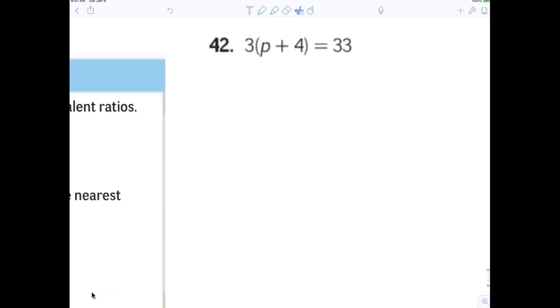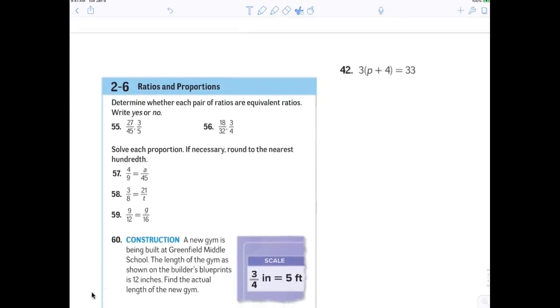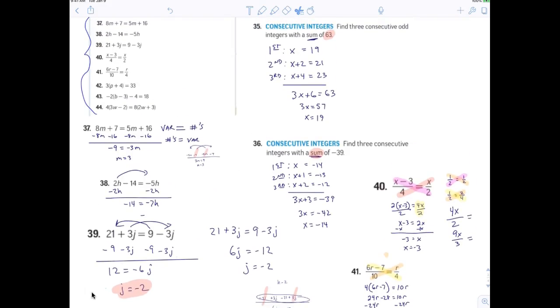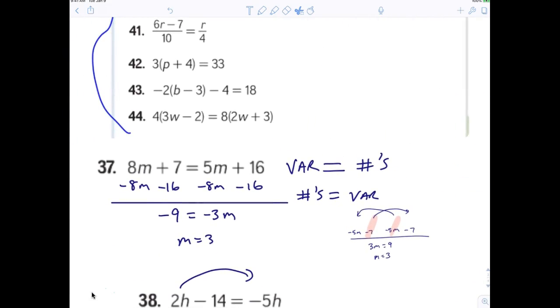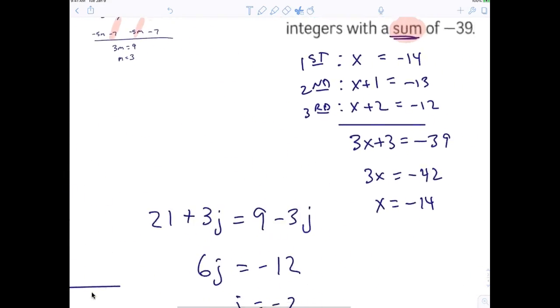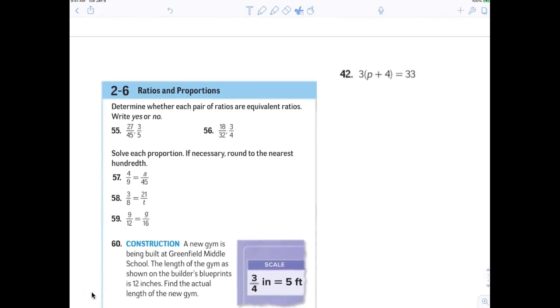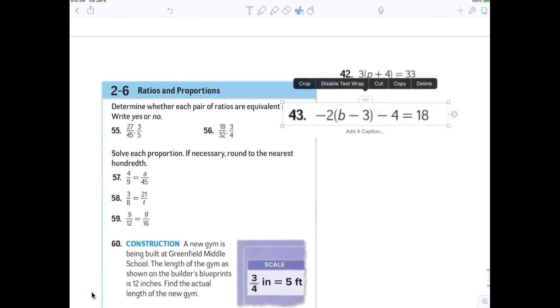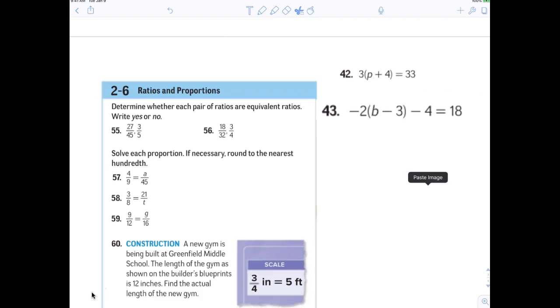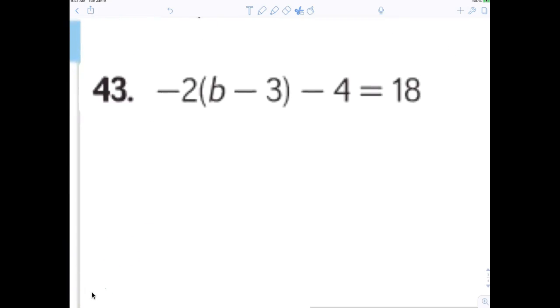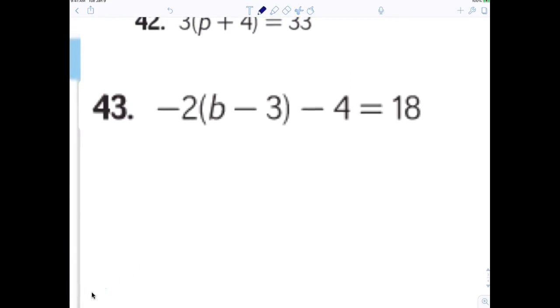All right, so let's look at 43. I'm going to go ahead and grab 43 now. All right, let's go ahead and distribute the negative 2.